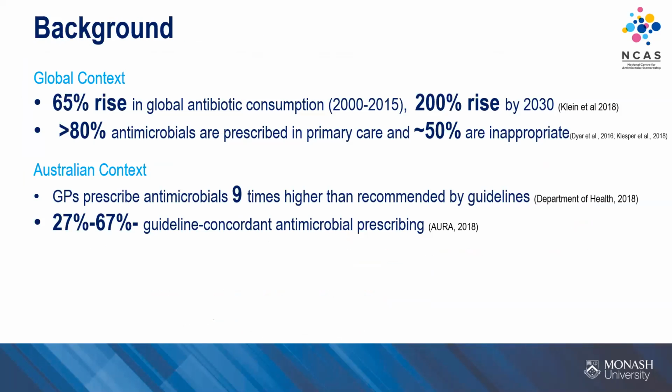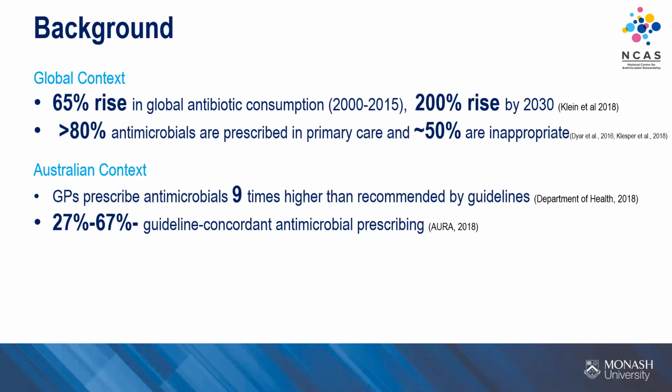So just a bit of background. The global consumption of antimicrobials is rising; data from 76 countries over 15 years shows a 65% increase, and it is expected to rise 200% by 2030. More than 80% of antimicrobials are prescribed and dispensed in primary care, and about 50% are inappropriate, either in choice, dose regimen, duration, or the spectrum of antibiotics chosen.